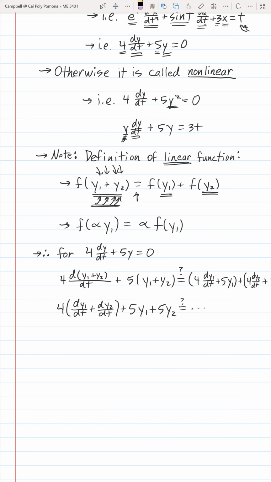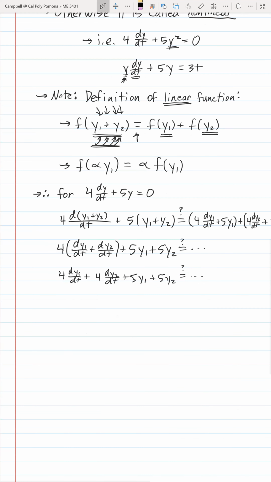Now distributing out the 4, you can see that everything's going to work out well here. We're still wondering if it's equal to the right-hand side that I wrote up there initially.